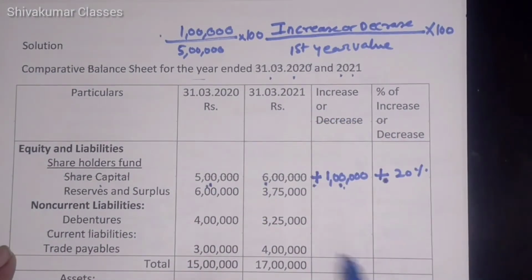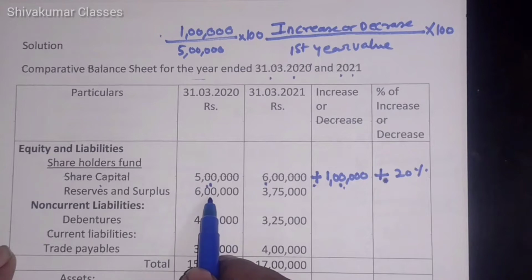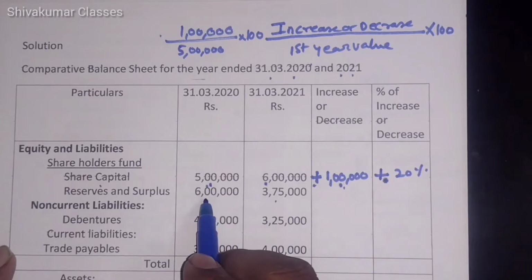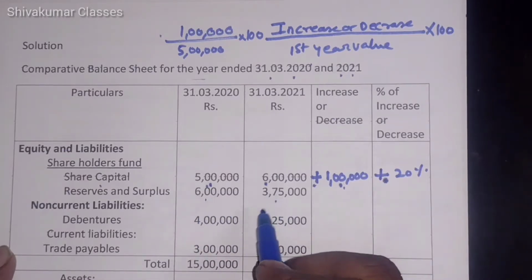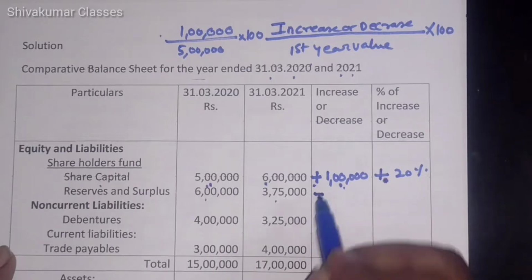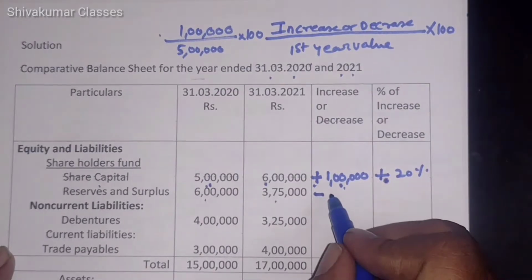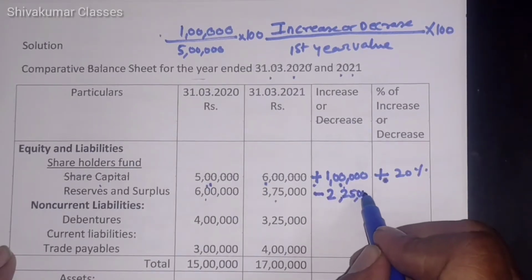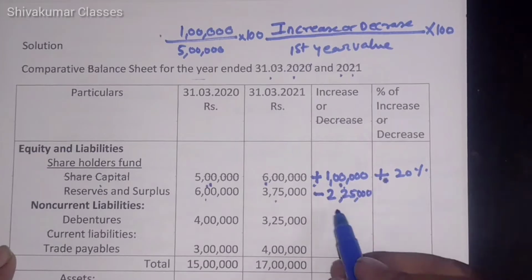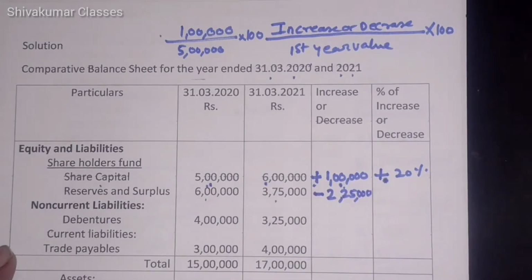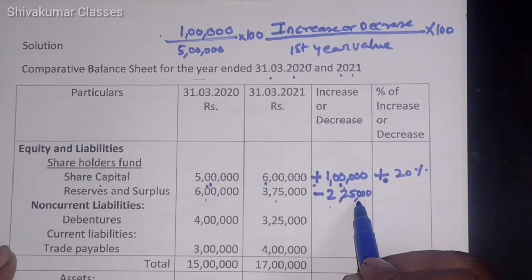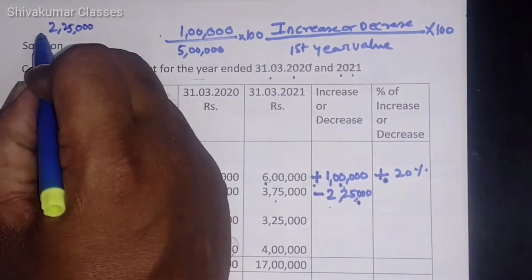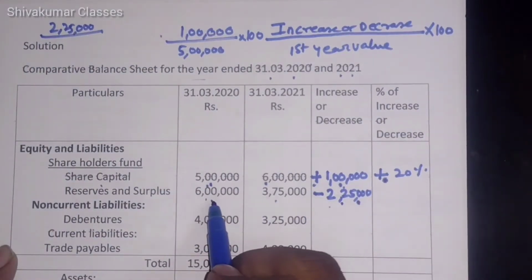This is comparative balance sheet. Next, coming to the second one, reserves and surplus. Now first year 6 lakh and second year is 3,75,000. Therefore decreased. Decreased means minus. How much is it decreased? 2,25,000 has been decreased. Now we have to find the percentage of that. 2,25,000 divided by first year value.